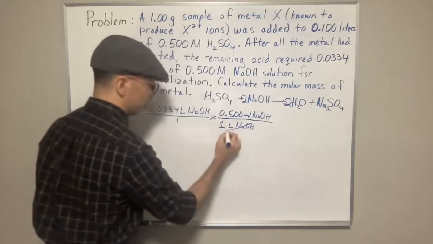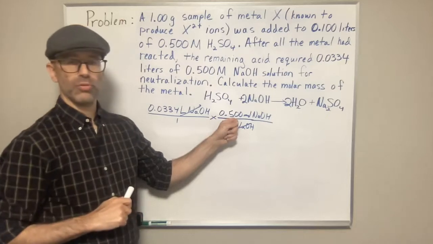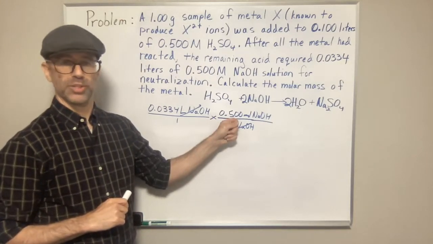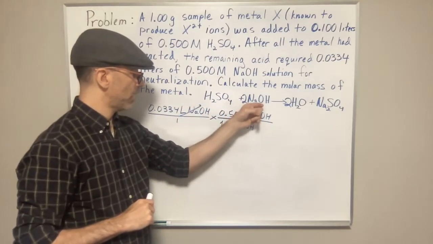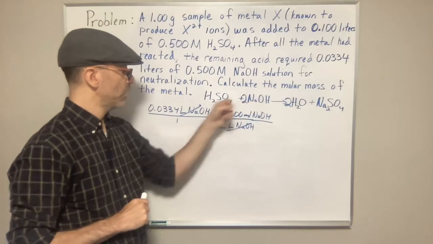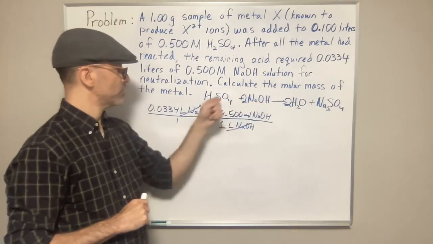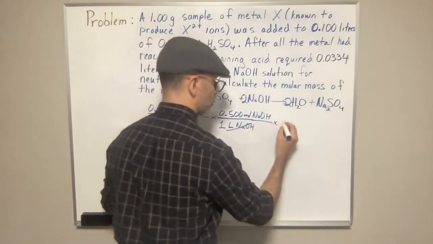So now liters cancel out, but I don't want moles of NaOH, I want moles of H2SO4. So now I can use the mole ratio between NaOH and H2SO4 to convert from the moles of NaOH to moles of H2SO4.